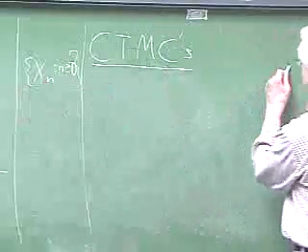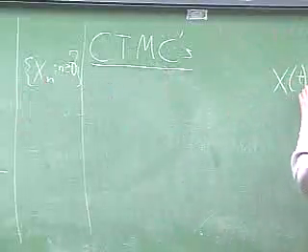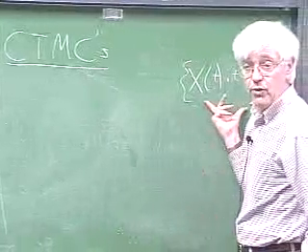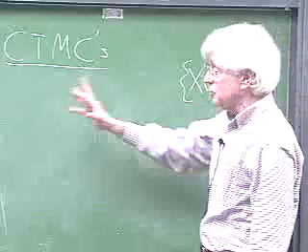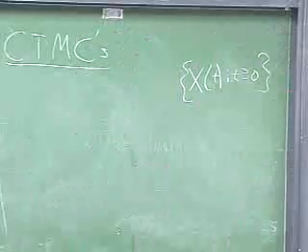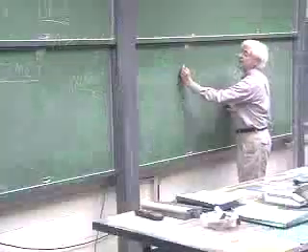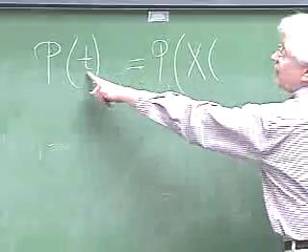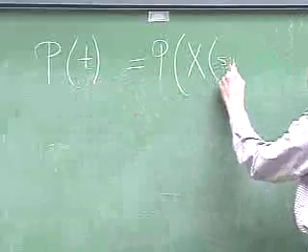Here, if there was a process, it would be X of t, t greater than or equal to 0, which is in continuous time. We now want it to be continuous time, not discrete time. So if you had a continuous time process, you would want something like this: the transition probability in t.